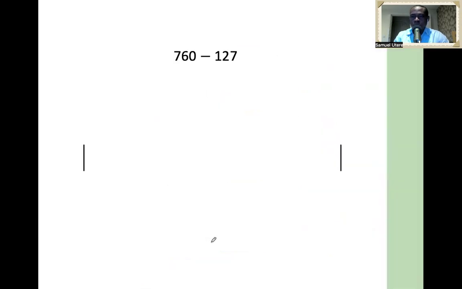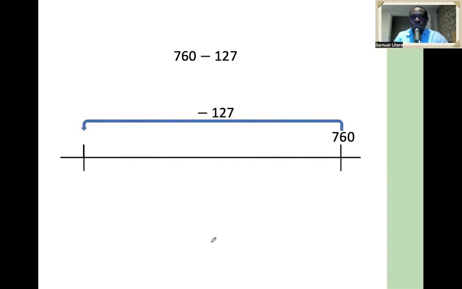All right, let's do some new learning, having answered the first part of our questions for the lesson. If we're asked to work out calculations like this, we can use number lines to start to master some of these mental strategies. So for example, 760 minus 127, we can do it like this. We can partition the numbers and work it out mentally. 760 minus 100 is 660.